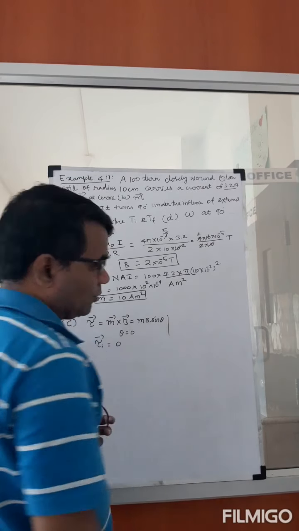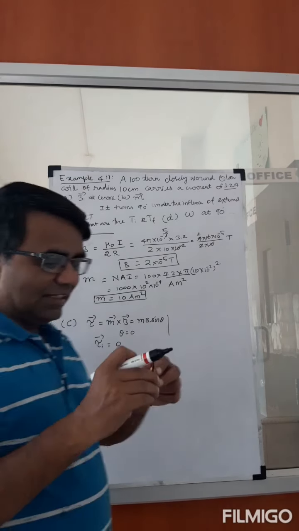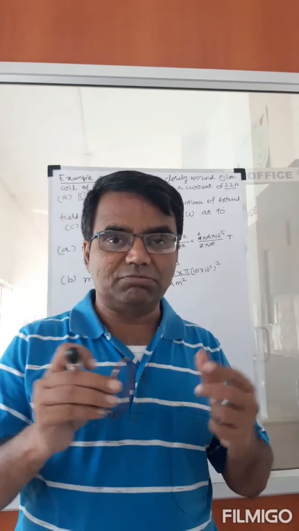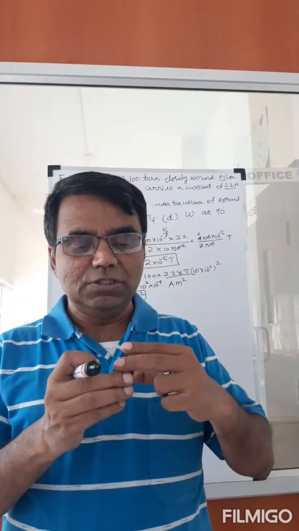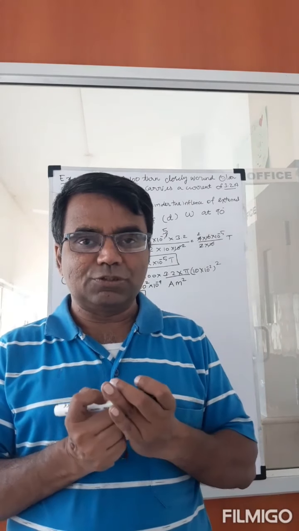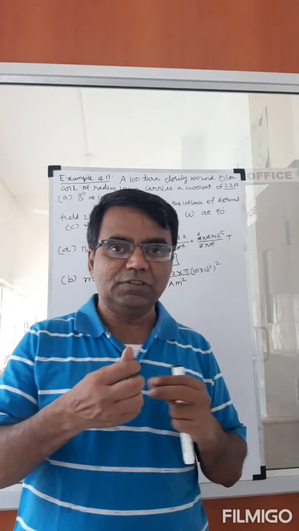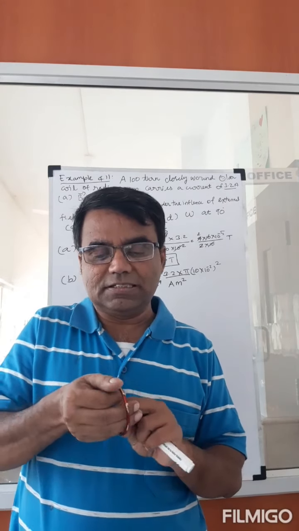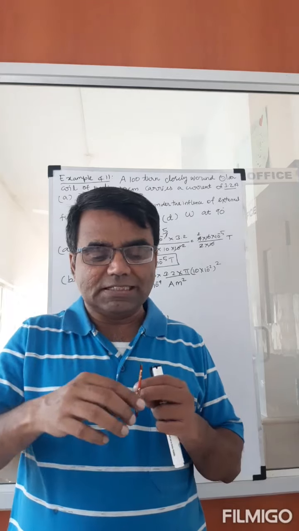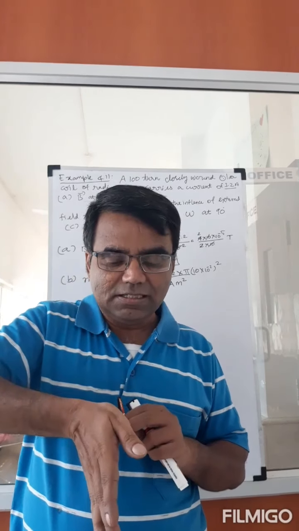Then what about the final torque? If there is no initial torque, how would it even move? It won't move, clearly. So there may be a slight disturbance or something. You can think about it this way. B is acting in this direction, and the current is flowing in this direction.